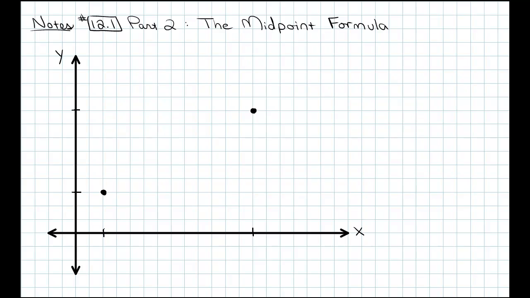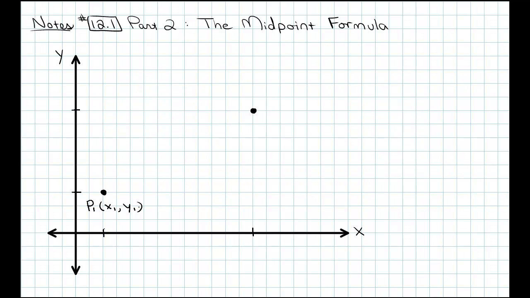Alright, so in order to find the midpoint of a line segment containing two particular points, we're going to first start off by labeling 2 points. We're going to call this first point that I have here P sub 1, and I'm going to label it as X sub 1, comma, Y sub 1.